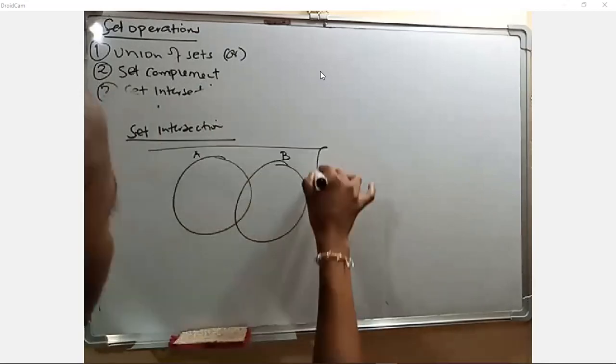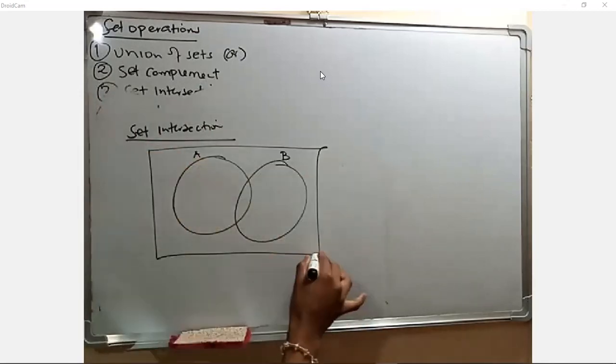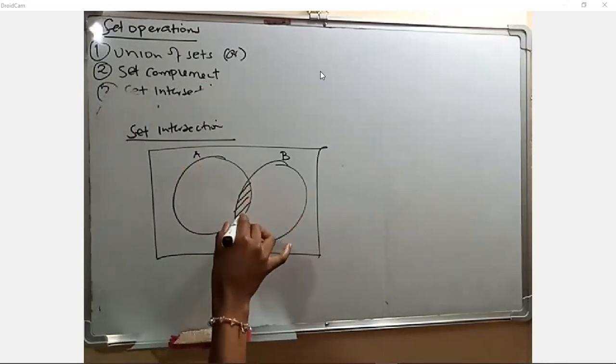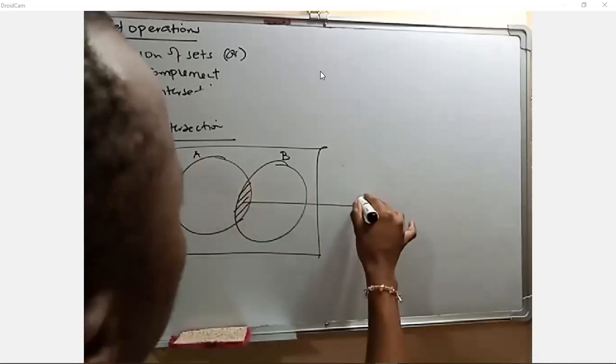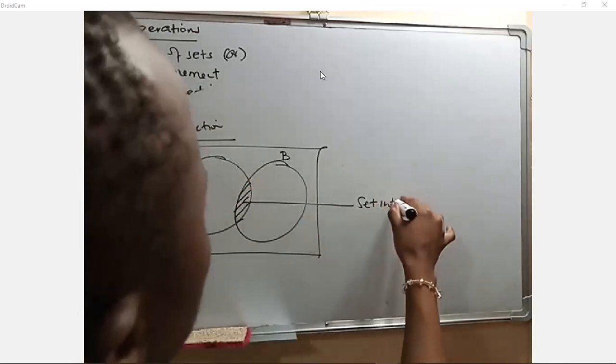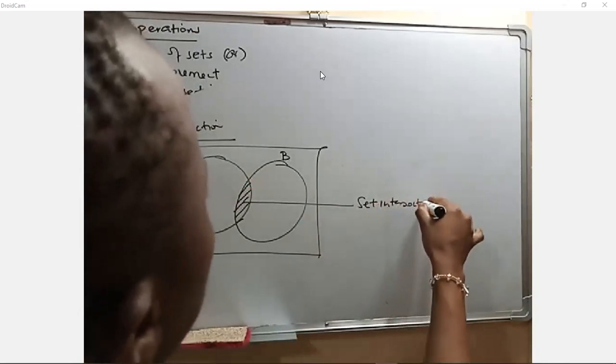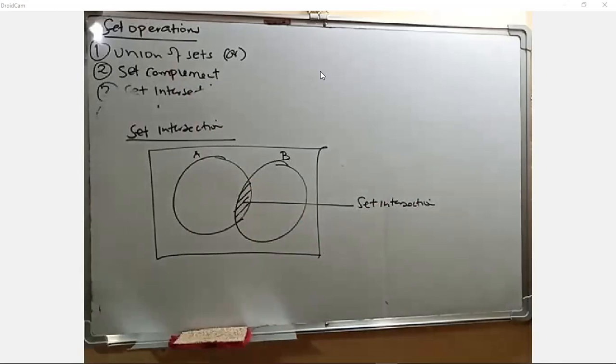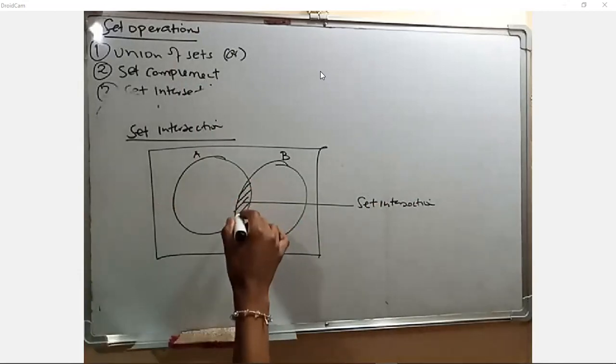The shaded region is what we talk about as set intersection, what they are sharing. That is where the examiner normally uses the word and, meaning what the two sets are sharing.